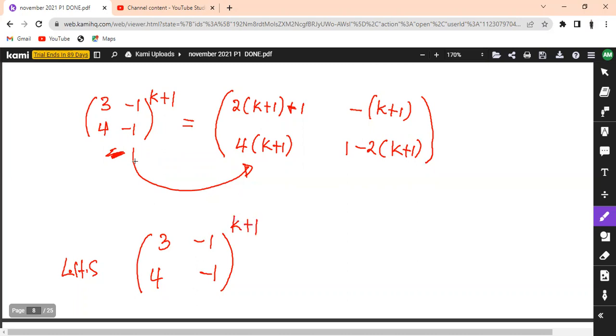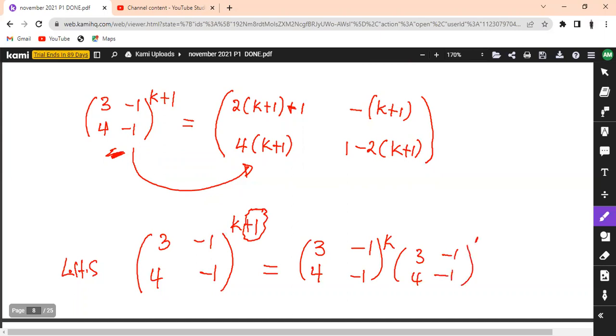If I expand this using our laws of exponents, we know that because the exponents are adding, we had two matrices multiplying each other: the same matrix to the exponent of k, multiplying 3, 4, minus 1, minus 1 to the exponent of 1, which simply means it's just like that.